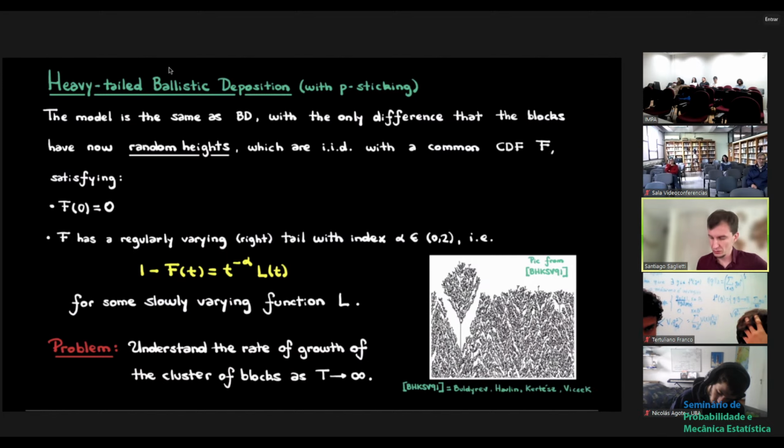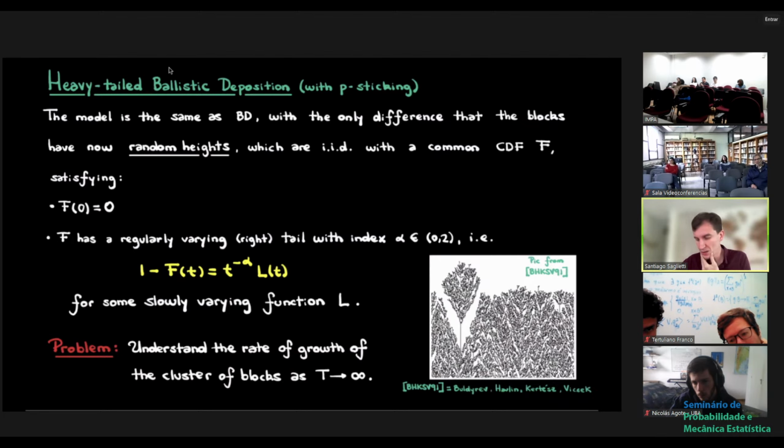And you can see here an old picture of what the model looks like. In this case, we have blocks which are super tall, like this one, for example. And these particularly tall blocks seem to have a deep impact on the growth of the surface.